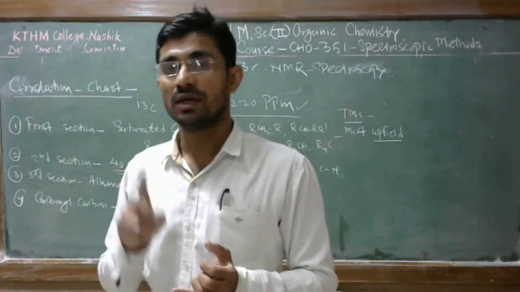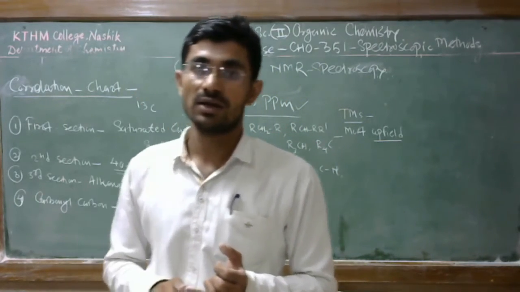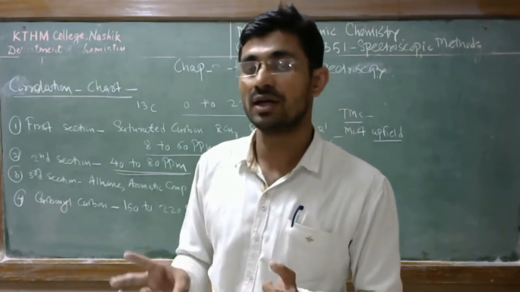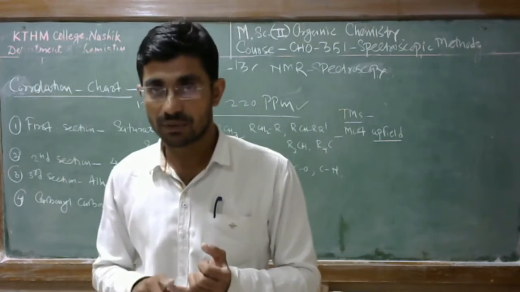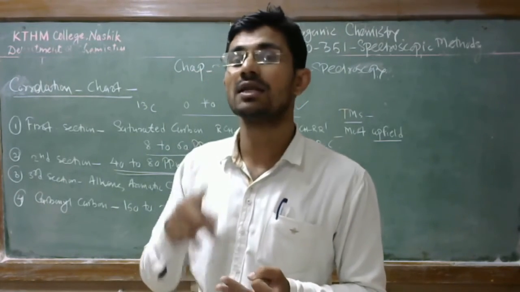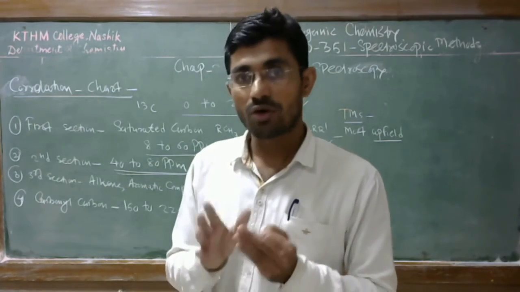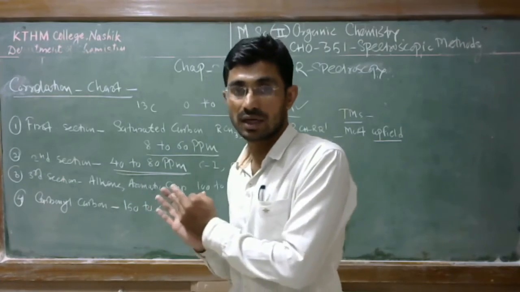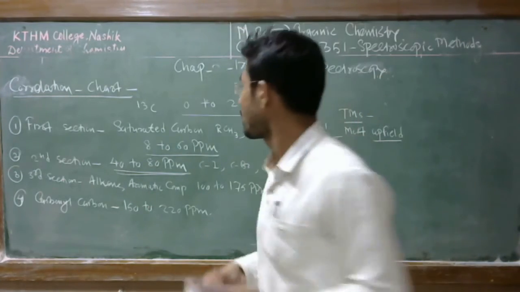That is the same as in 1H NMR, proton NMR, which is also affected by three factors: electronegativity, hybridization, and diamagnetic anisotropy. All these effects work the same way in 13C NMR spectroscopy also.